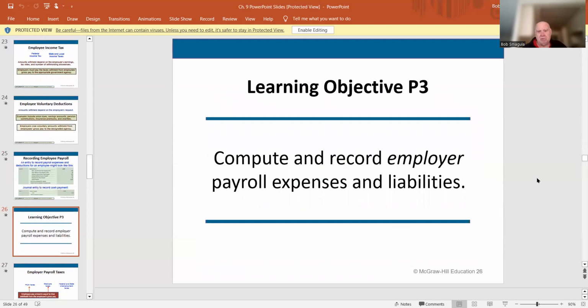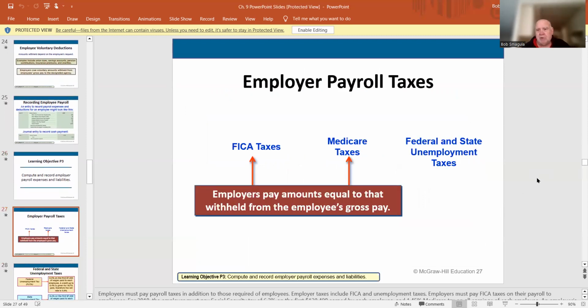Compute and record employer payroll taxes. What we spoke about just now is just the employee side, the employee money. But your employer pays taxes above that. The employer has to match whatever the employees paid in FICA and Medicare. Employers pay an amount equal to that withheld from the employee's gross pay.